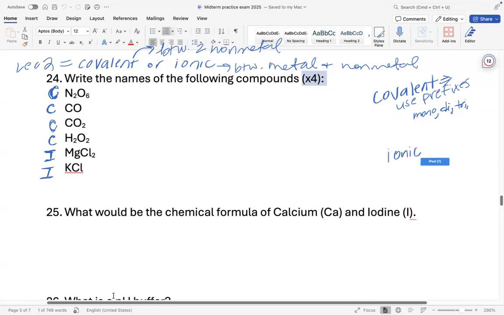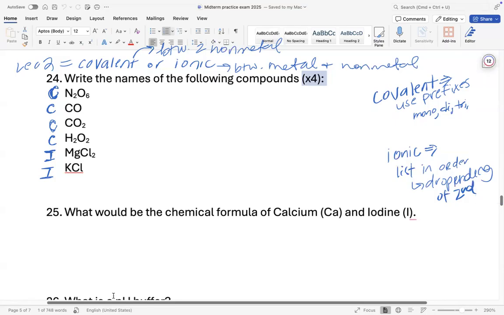Refresher of the ionic rules. You just list them in order and then drop the ending of the second one, which you already do with covalent as well. All right. So covalent.